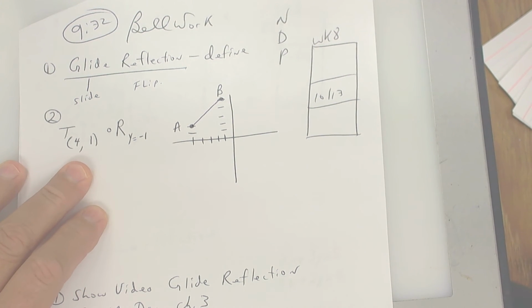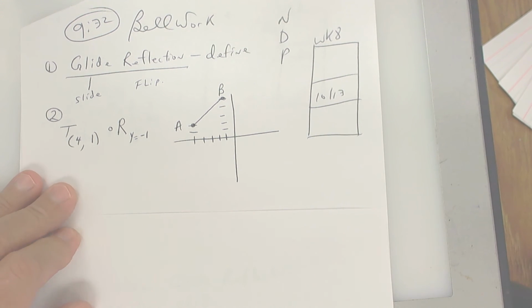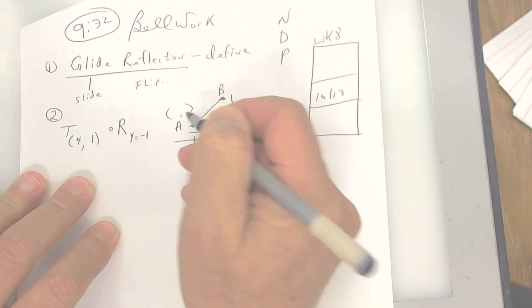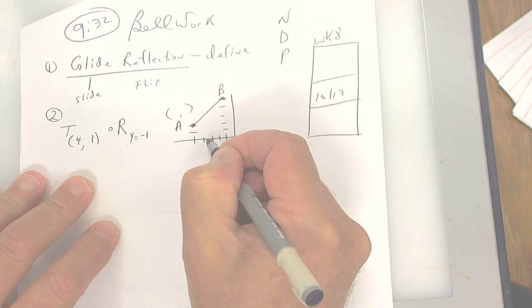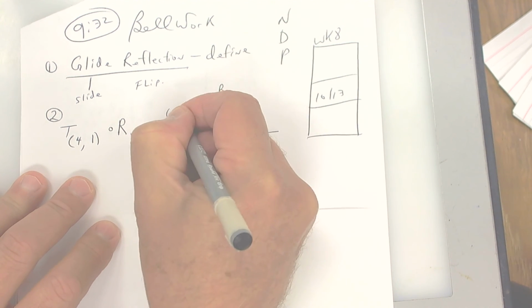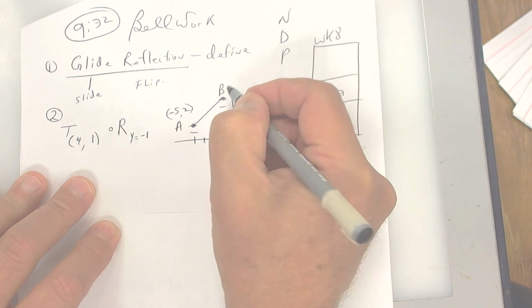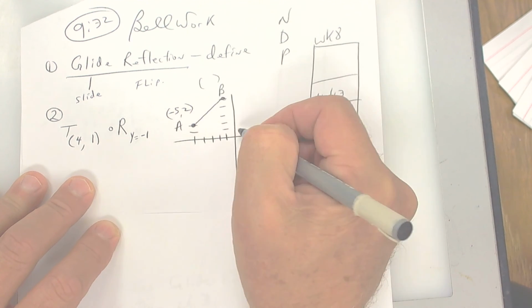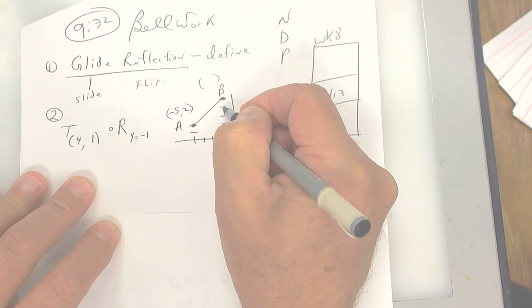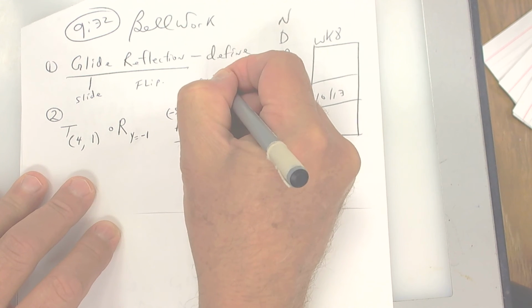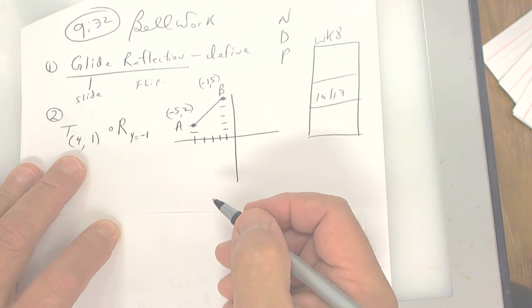The first thing you want to do here is write your points. So this point is 1, 2, 3, 4, 5. So negative 5, up 2. This point right here is negative 1, 1, 2, 3, 4, 5. Negative 1 and up 5. And so what you want to do is slide it.